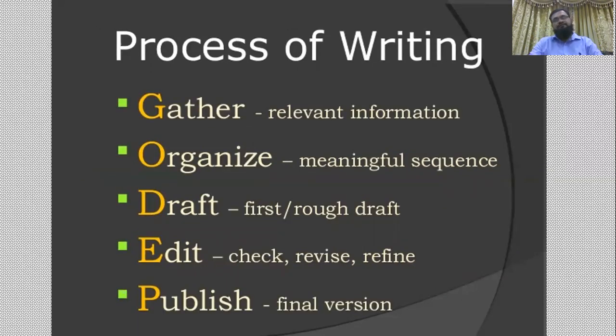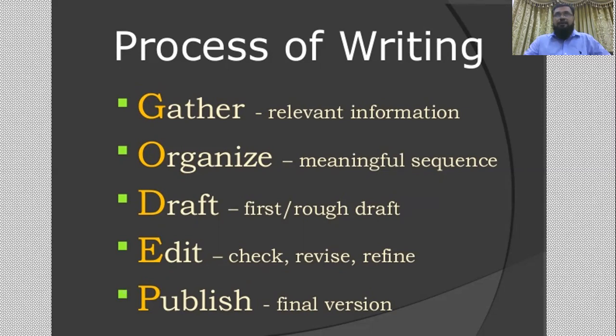Process of writing. Gather, organize, draft, edit, and for the professionals they publish. But you will edit and then re-edit if you have time. This is the professional routine of the writers. Gather relevant information.